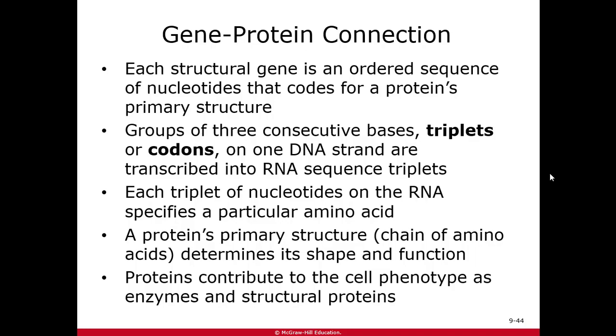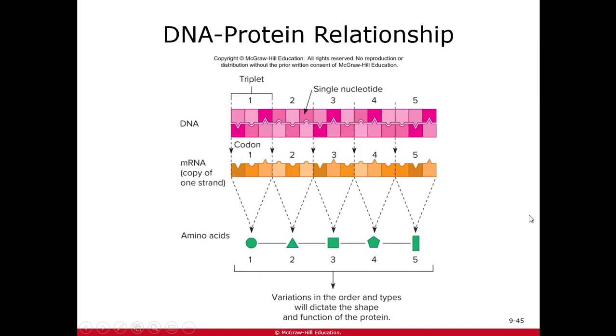So if we've got 3 letters, again, we're going to take DNA, we're going to read it 3 letters at a time. There's your one codon, your triplet. And when we transcribe it, we're going to transcribe all of it. We're going to make a copy, but again, keeping it separated as 3 letters at a time.